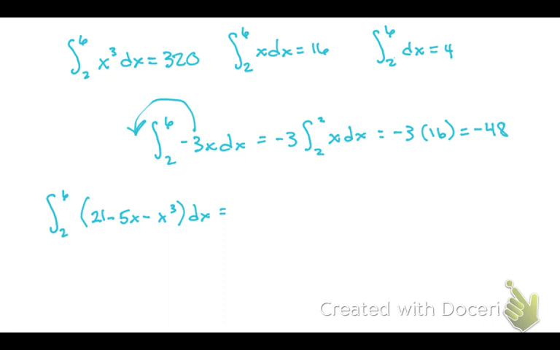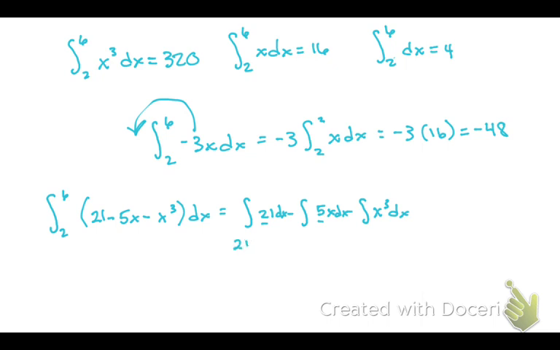So I have the integral of 21 minus the integral of 5x minus the integral of x cubed. All of these have 2 to 6 on them, I just didn't want to write them all. What happens to the 21 and the 5? They're constants, so they move out up front.